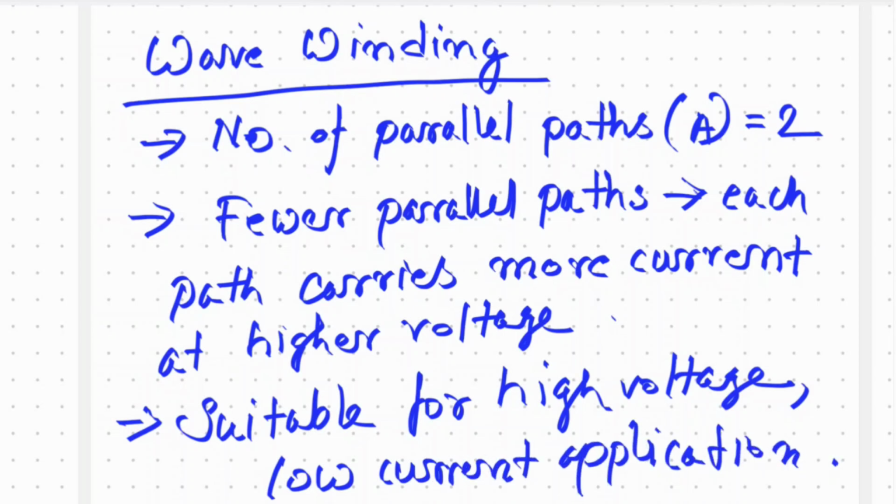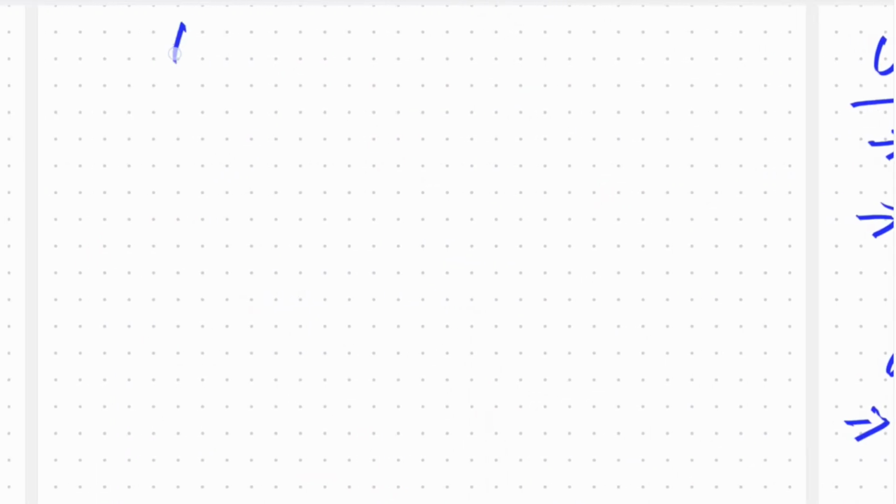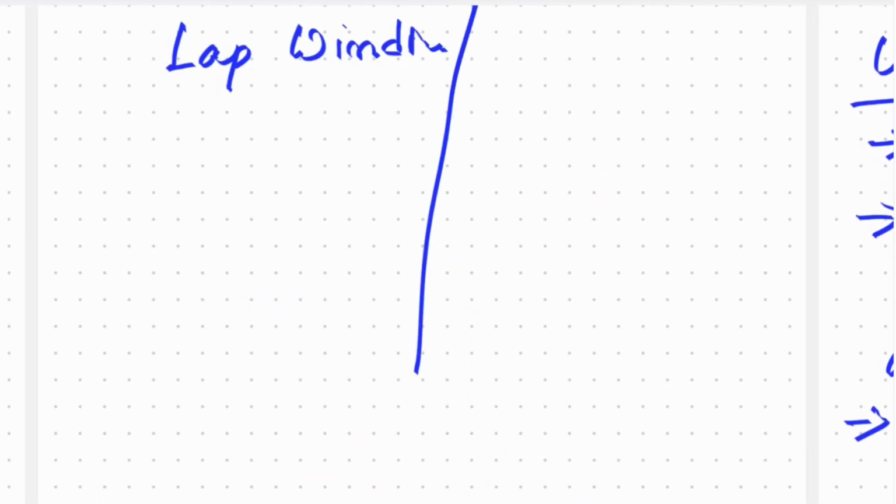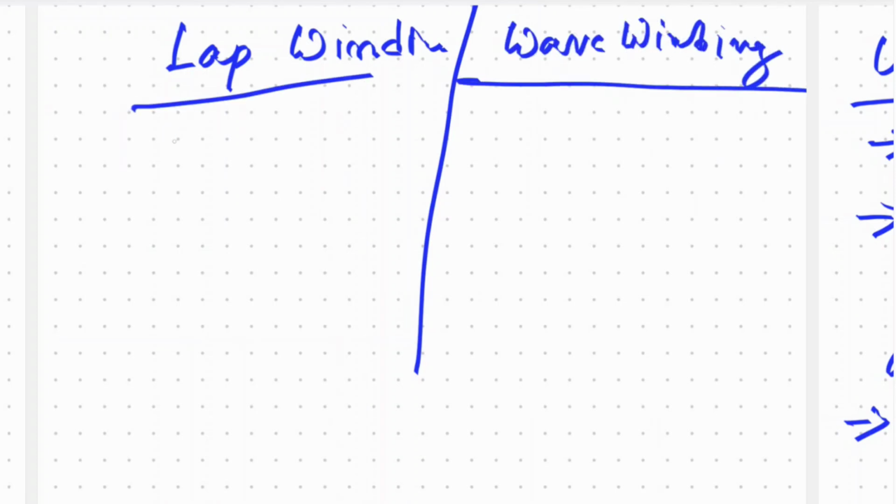So these are the differences between lap winding and wave winding. Simply, in case of a lap winding, A is equal to P, and in case of a wave winding, A is equal to 2 always.